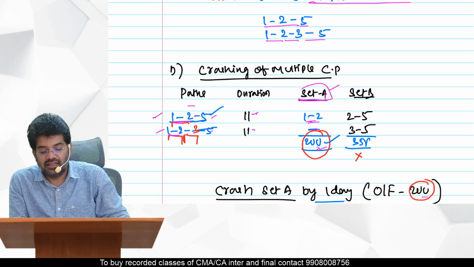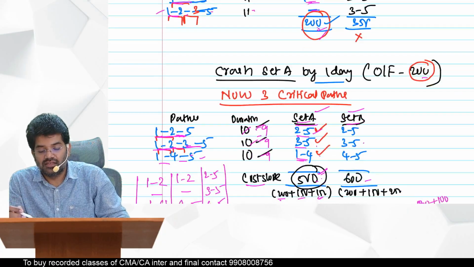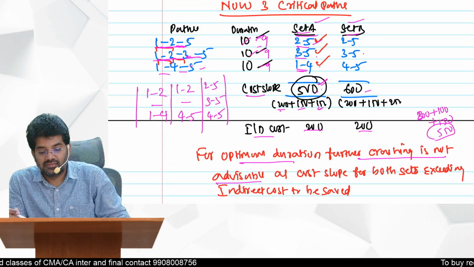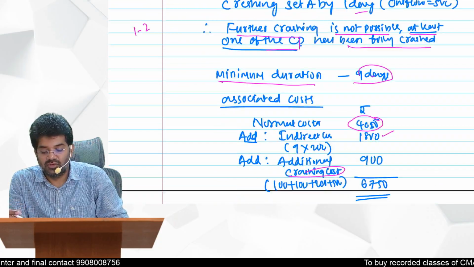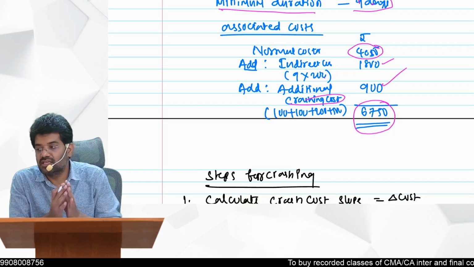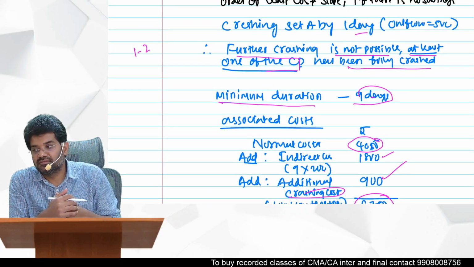Then set A, 200, 100, 100, 200, 400. Then here set A, 500, 400 plus 500, 900 total. So what is the total extra cost? 900. So 6,750 is the cost associated with this minimum duration. Done.